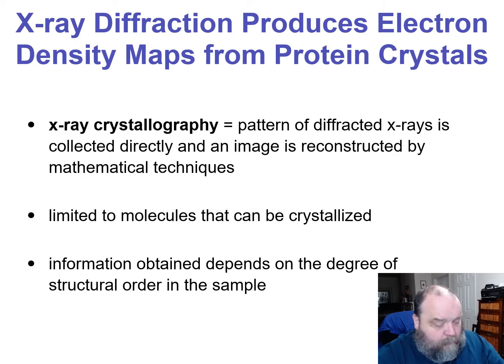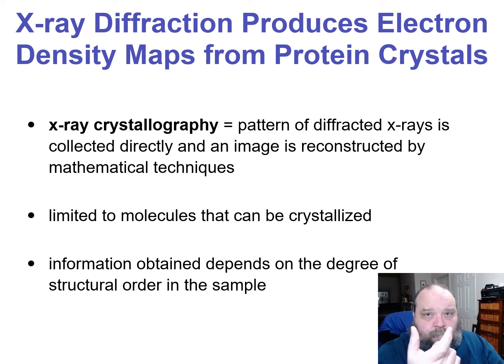The information you're going to be able to get, well, it's going to come from different procedures, different types of assays, different types of laboratory methods. One of the big ones is what is referred to as X-ray crystallography.